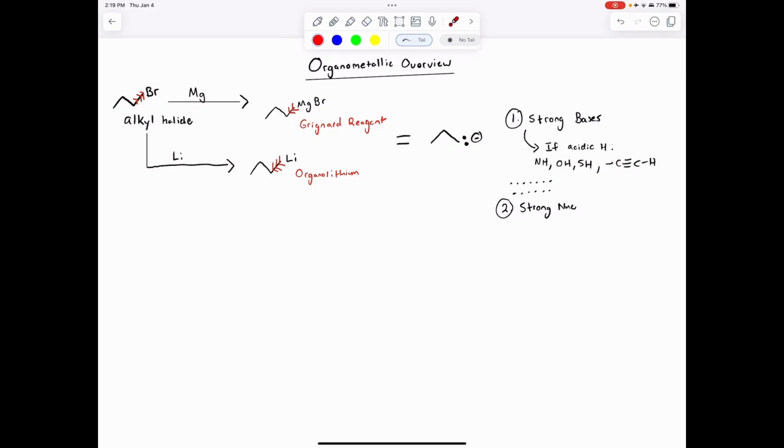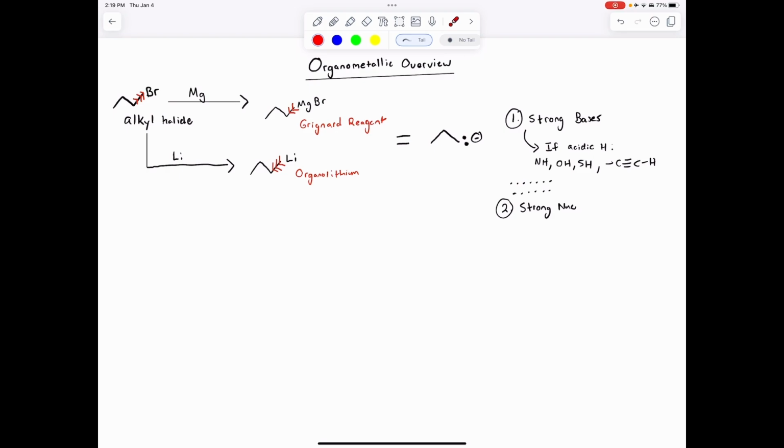Be watchful for those, because if you have a Grignard, it's going to go for that hydrogen. But if you don't have one of those things, your Grignard is going to act as a strong nucleophile, which brings us full circle to the first big theme that we talked about at the beginning of this O Chem 2 unit.